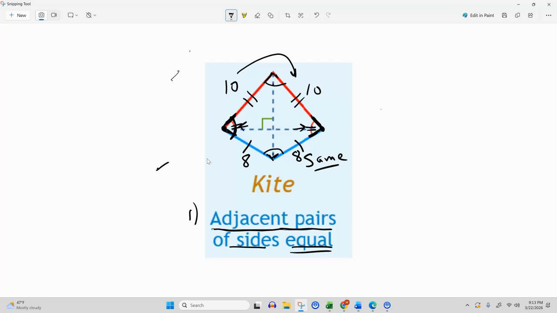Let's see another version. Let's say we know that this one and this one are the same, and these two are different. The angles that are the same are the ones that share the different lengths of the line. So this side right here and this side right here are different.